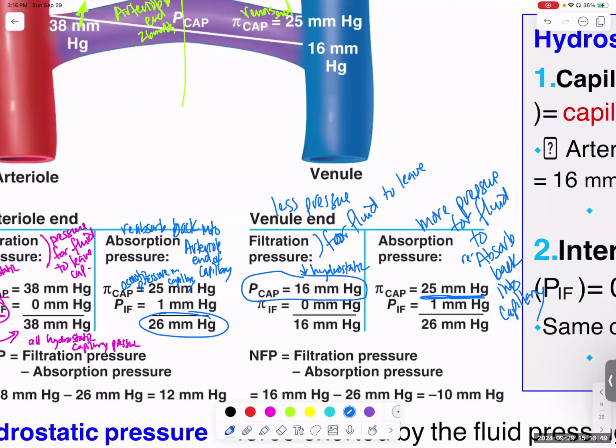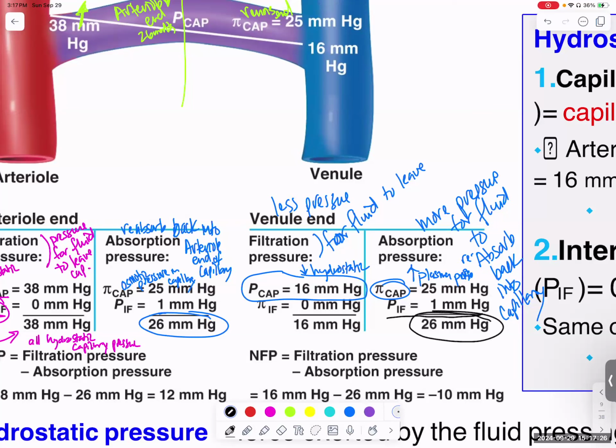Because this osmotic pressure is greater in the venous end because fluid left, and now you have plasma proteins or solutes closer together. And so they're increasing the osmotic pressure. Fluid left, those proteins got closer together or more concentrated. That created more osmotic pressure in the capillary. There's not a whole lot of pressure from the fluid in the interstitial environment because it's so much bigger, but there's 1 millimeter of mercury.